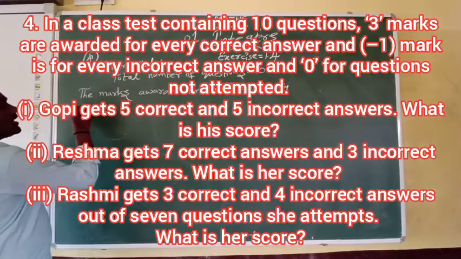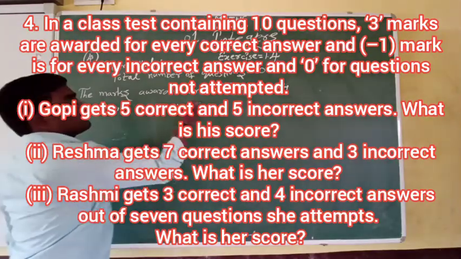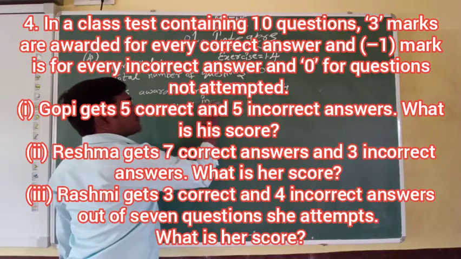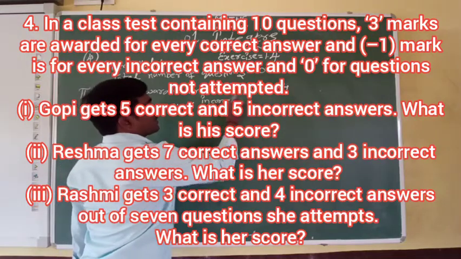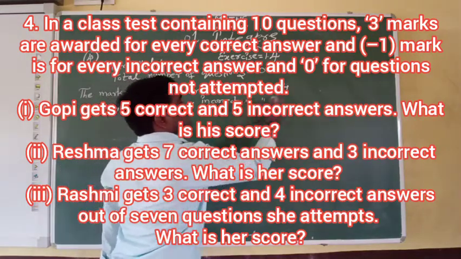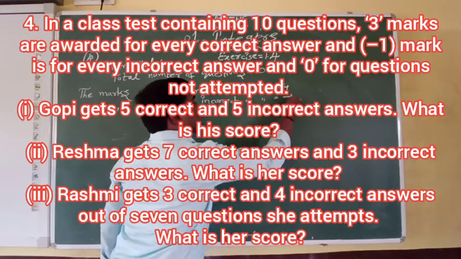So the marks awarded for incorrect answers is equal to minus 1 mark.